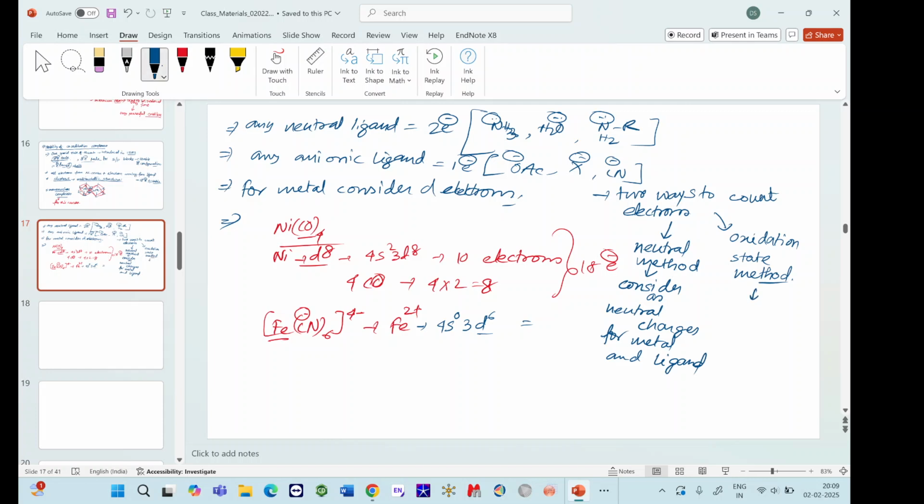But in the oxidation state method, you only consider the electrons in the appropriate oxidation, or more recently charge state.